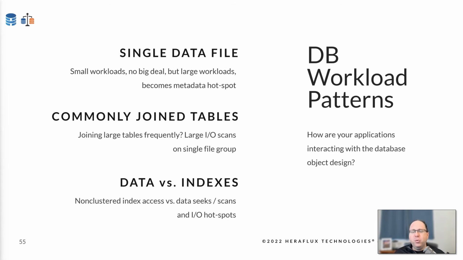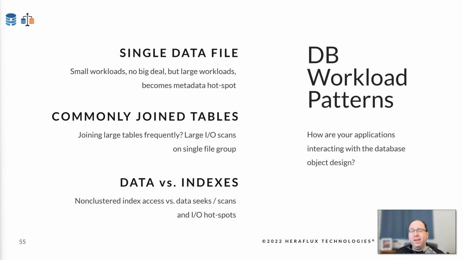If you're really joining a lot of common tables, maybe it's contributing to very large I/O scans or a lot of activity on a single database file if that's the only file in the filegroup. And then start to understand the patterns between your data and indexes. There's non-clustered index access, and things could be seeking to data if it's really efficient, but most of the time it's probably doing scans.